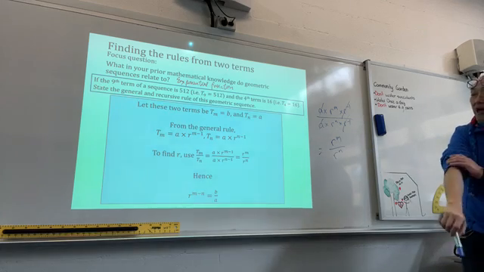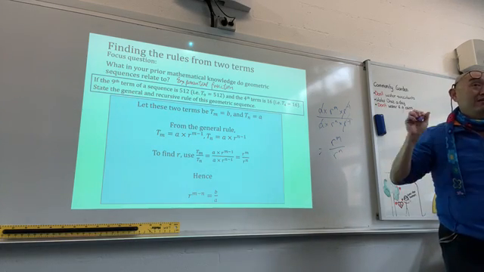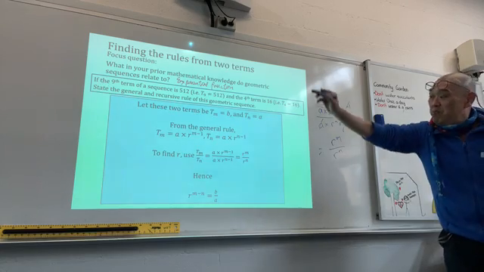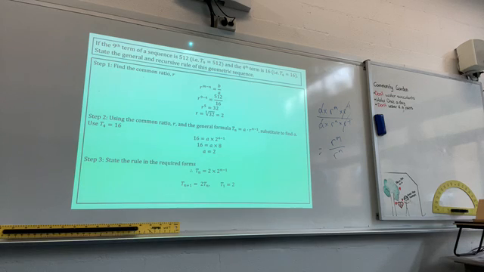So r to the power of m minus n equals B over A. All right? Do you all agree with me? So based on this, let's just remember this A is not the first term. We can actually work out the ratio r. So we know r to the power of m minus n equals B over A. So r to the power of 9 minus 4 is 512 over 16.